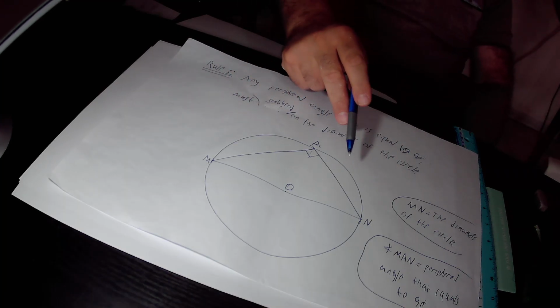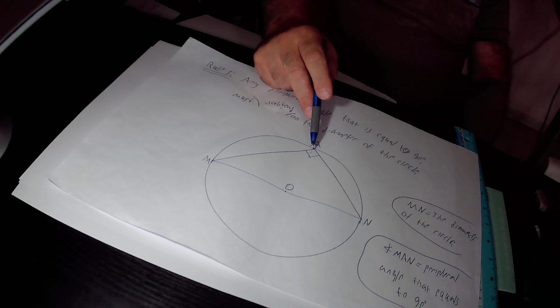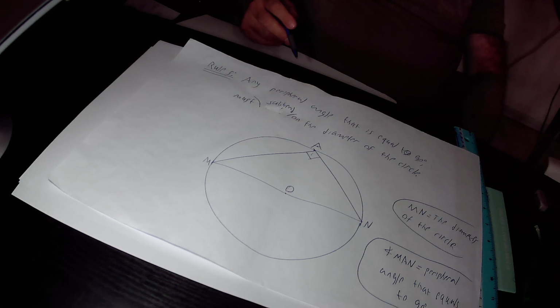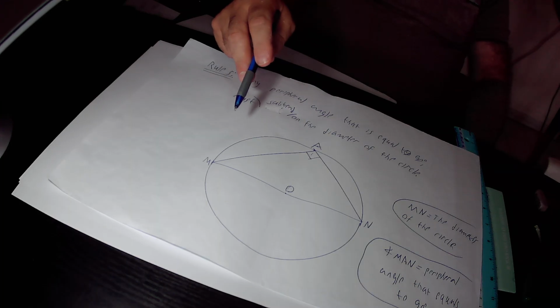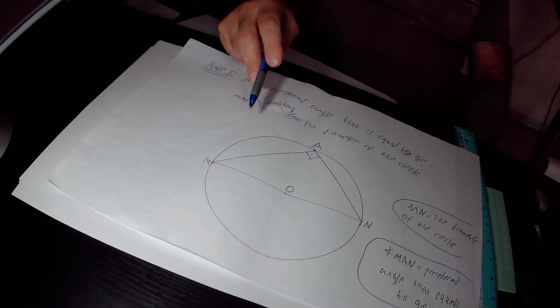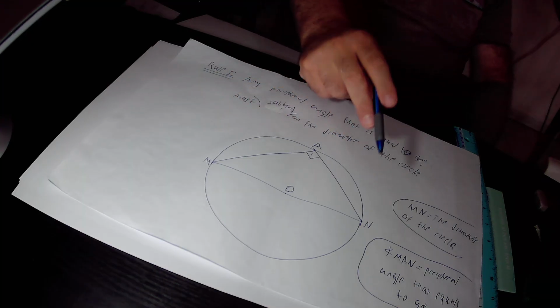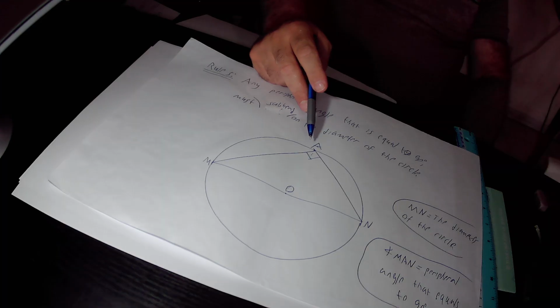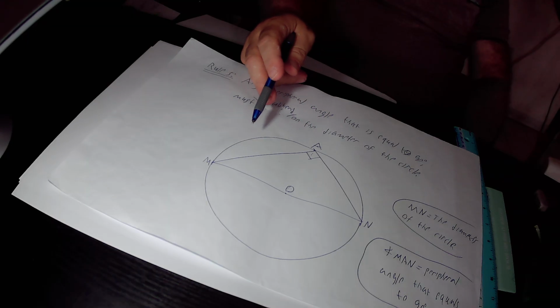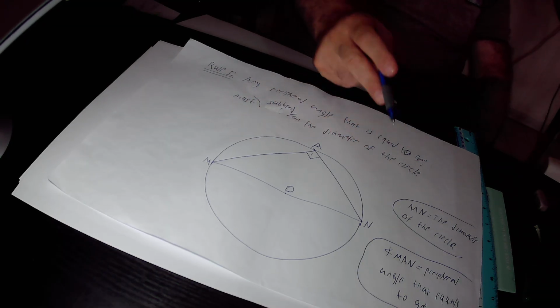Peripheral angle MAN is a right angle, equal to 90 degrees, and therefore it must subtend the diameter of this circle. That is to say, MN is the diameter of the circle.